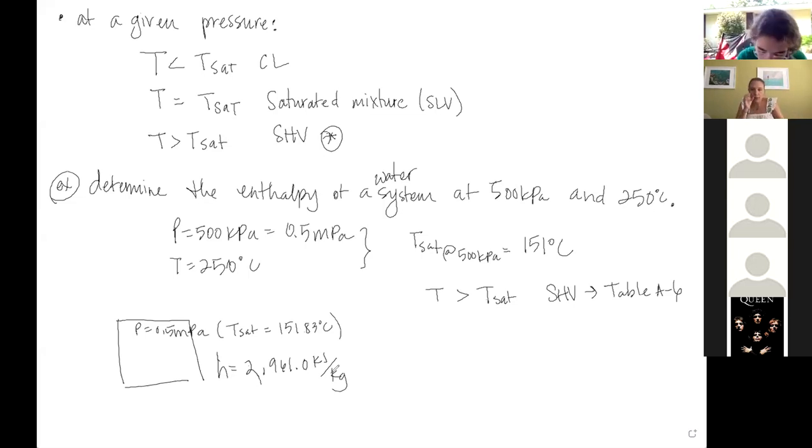All right, anybody confused about how I got that? So typically the superheated vapor ones are a little bit easier, because if you remember on Friday, in order to get enthalpy with a saturated liquid, a lot of times you have to use that equation of your saturated liquid plus your quality times your liquid vapor region.